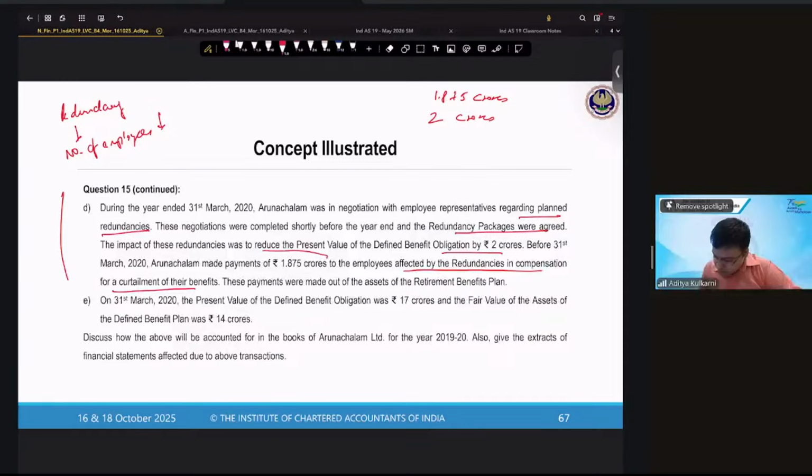Arunachalam made payments of 1.875 crores, and with this payment the obligation reduced by 2 crores. Understood? So basically, the company is in a beneficial position. An obligation of 2 crores went away with just 1.875 crores worth of payment. So 2 minus 1.875, the company gained 12.5 lakh. The company is benefited by 12,50,000 rupees. Any doubts so far?